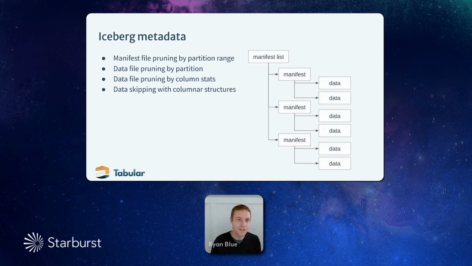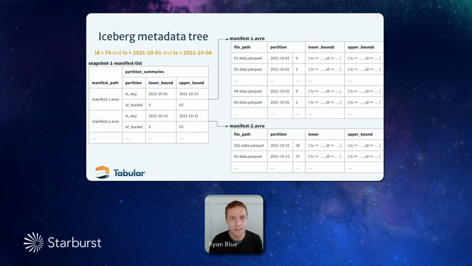So let's get into a little bit more detail with an example. So here, this is the top portion of an Iceberg metadata tree. Over here on the left, we have snapshot 1's manifest list, and that lists manifests. Here we see manifest 1.avro, manifest 2.avro, and some summaries of the partitions that are in those manifests.